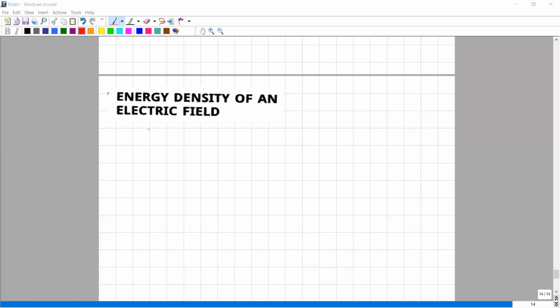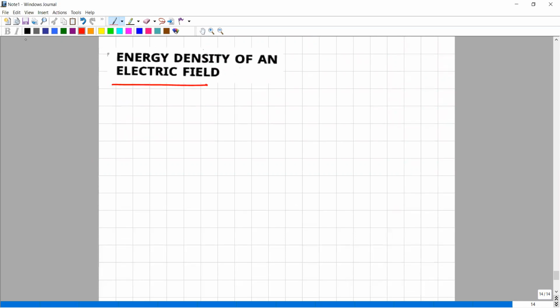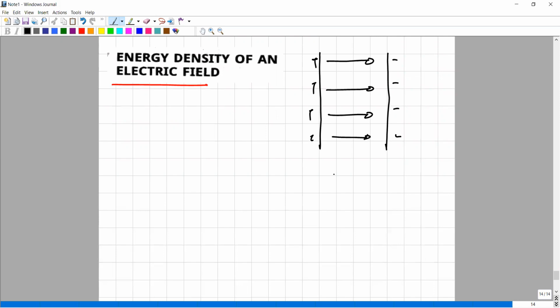Now the next topic is energy density of electric field. So till now we have understood that capacitor plates have positive and negative charges, and they will have some electric field between the plates, and they will also have some energy stored, half of Q square by C, half of CV square and so on.